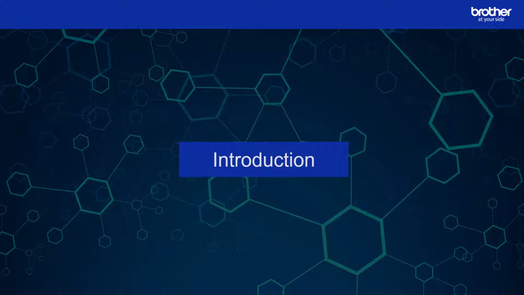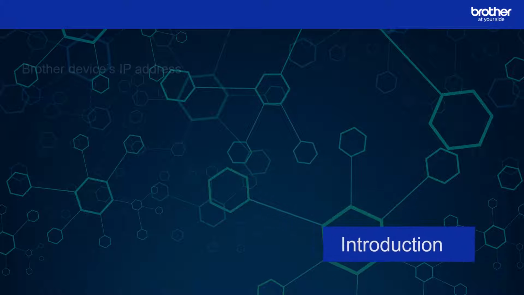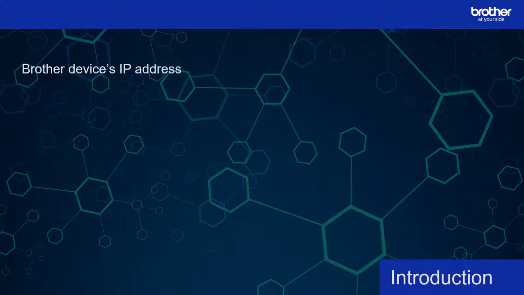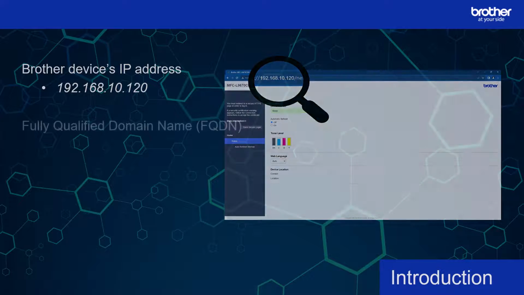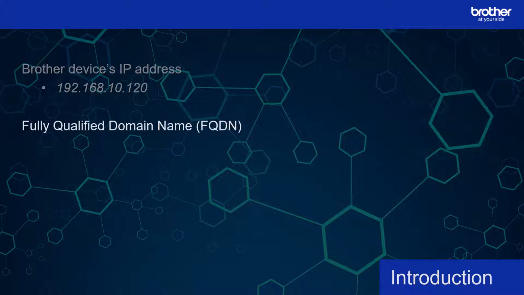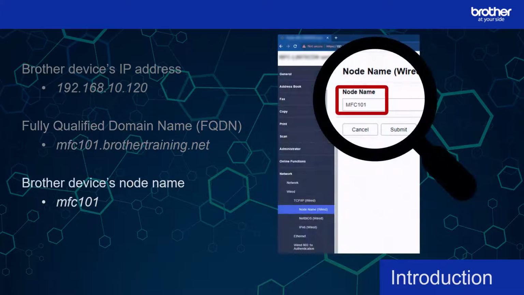I also experienced the same issue, so I decided to create this video to share the solution. By resolving the IP address of my Brother device, which is 192.168.10.120, to its fully qualified domain name, which is mfc101.brothertraining.net.